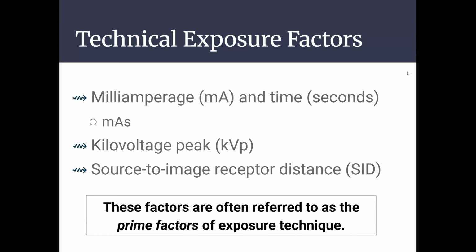So amperage, seconds, or time, and voltage. The next factor that is very important is source to image receptor distance, or SID. This is from the tube to the image receptor, whatever that distance is. So this is called SID. So mAs, kVp, and SID.